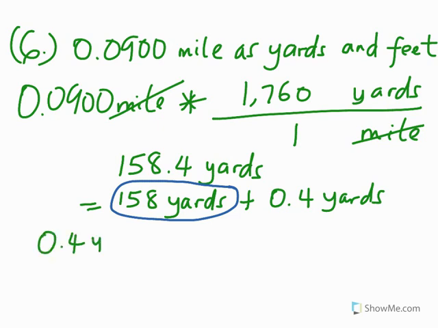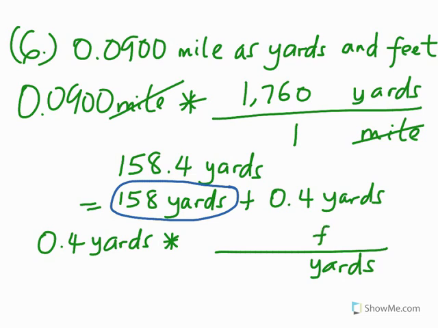And how do we do that? 0.4 yards times feet over yards, where yards will be the denominator and feet the numerator. We see that 1 yard is 3 feet. This will cross out, and this gives us 1.2 feet.